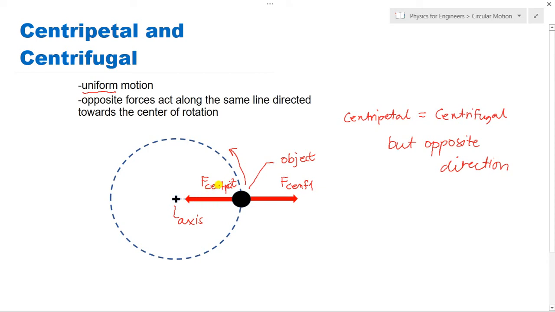That's why we need a reaction force na nag-counteract ng ating centripetal force in order to keep the object on the circular path. So, ganun lang. Yung centripetal and centrifugal force natin, both are the same in terms of magnitude, but differ in direction.